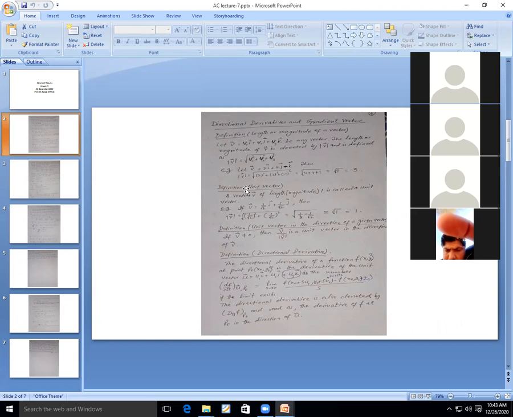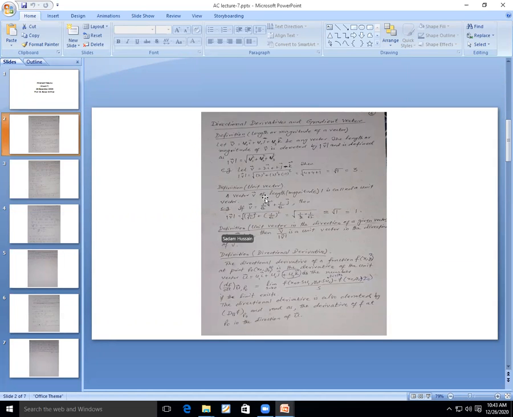Next, we recall the definition of unit vector. If you have a vector and its length is equal to 1, then this vector is called unit vector. It is clear from the name. Any vector whose length is 1 is called unit vector.